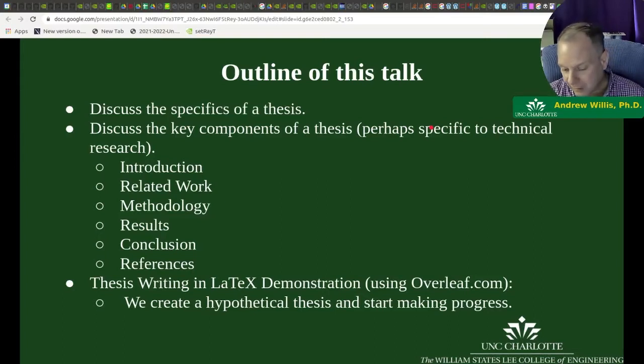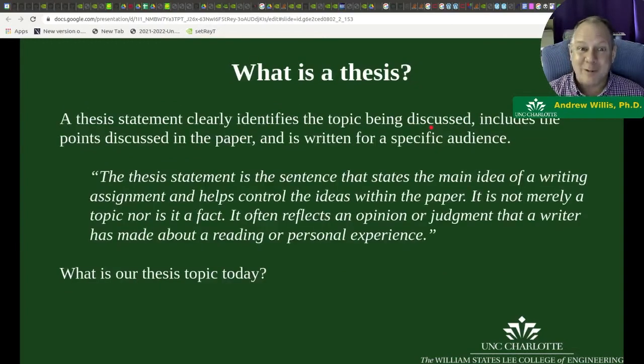So, a thesis. What is a thesis? It's very important that we all have a common understanding of what a thesis is. It is a statement that clearly identifies that you want to talk about some topic, and you're going to address specific aspects of this topic in your paper or your thesis article. And you write this for a specific audience.